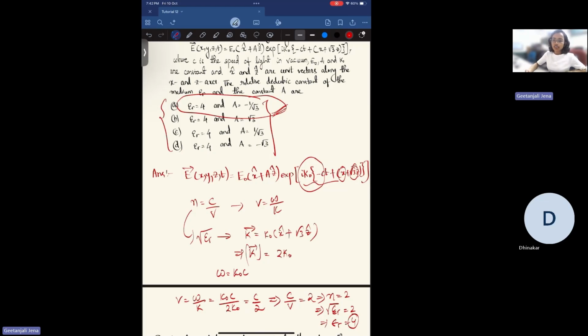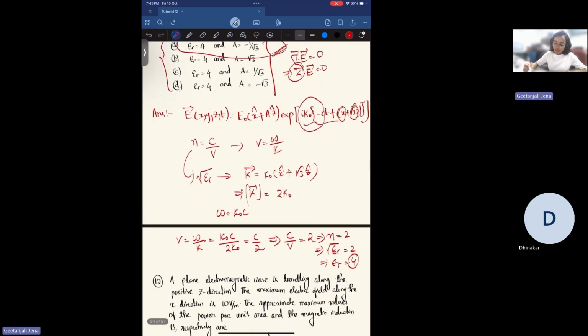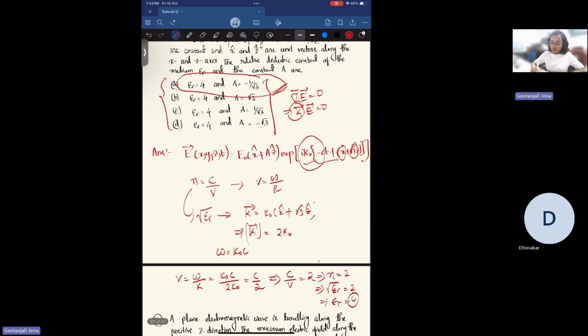For A, as Dinakar said, the divergence of E is 0, so K dot E is 0. You know K, and you know the electric field expression. Let me show it in detail so that it will be easier.